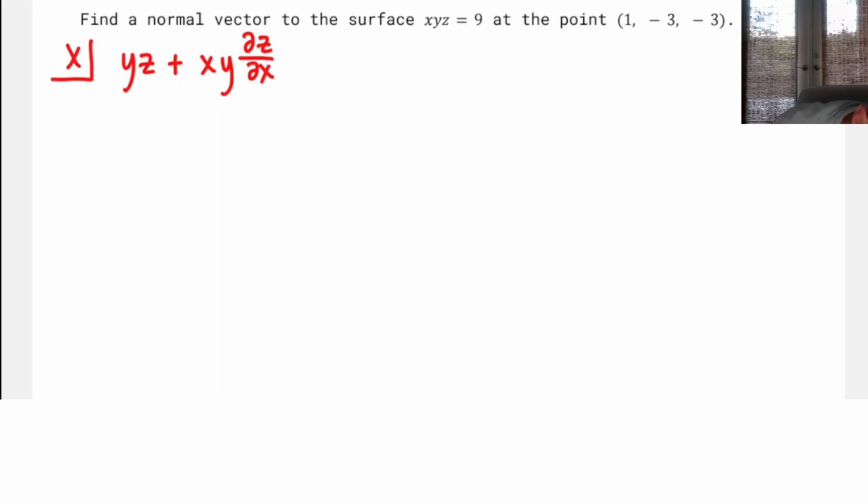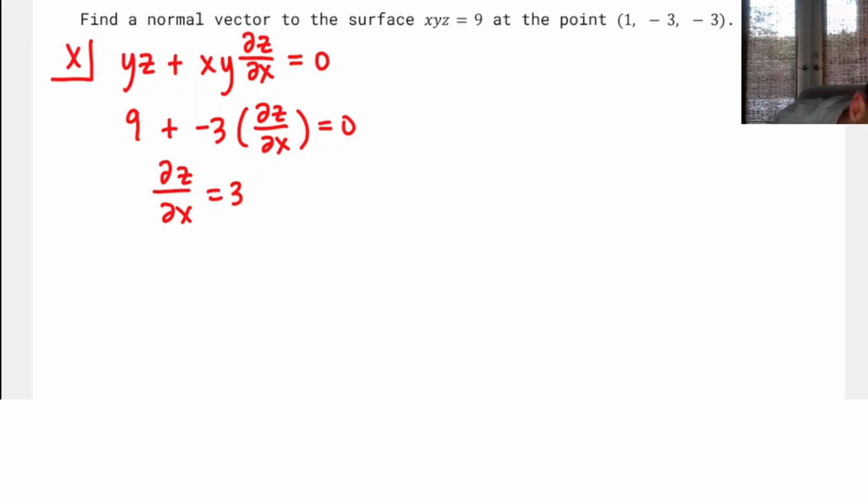That's going to equal the partial derivative of 9 with respect to x, which is 0. Then I can just plug in x, y, and z. y times z is 9, plus xy is -3 times the thing I'm eventually hoping to find. That's equal to 0. So that means that dz/dx is 3.